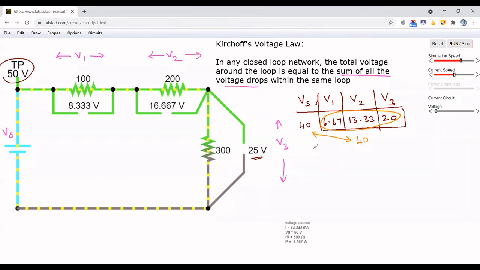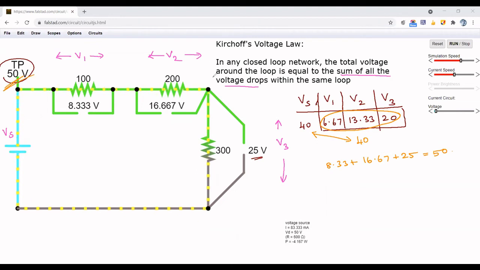When you have 50, the drops are 8.33, 16.67, and 25. And on calculating, it is seen that it is again 50, which is equal to the supply voltage.